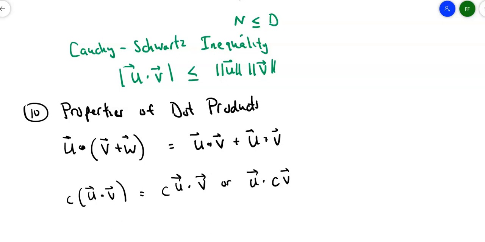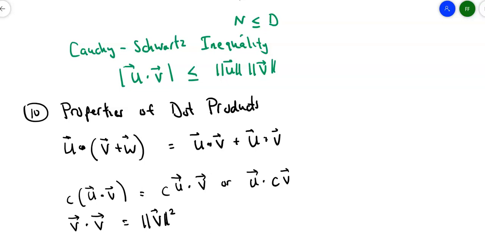Another property that's going to come out of this is what happens if you try to do the dot product of a vector on itself. Well, when you do the dot product of a vector on itself, really what you've done is you've found the magnitude of the vector squared. Because throw that back into the formula for magnitude, and the dot product of a vector on itself is going to be v1 times v1 plus v2 times v2 plus v3 times v3. So you're going to end up with the magnitude of the vector squared.